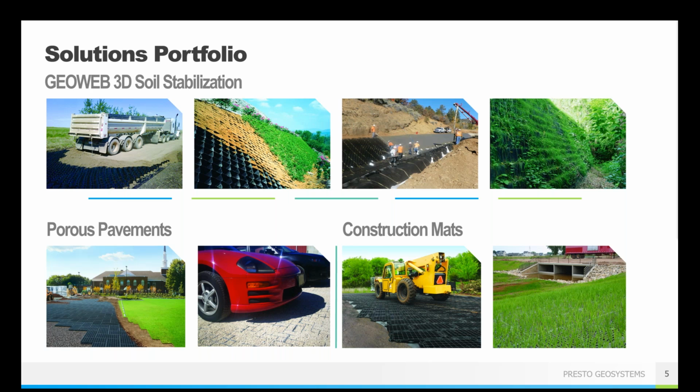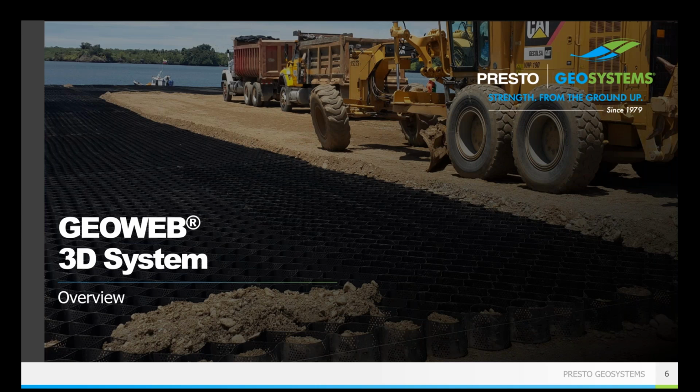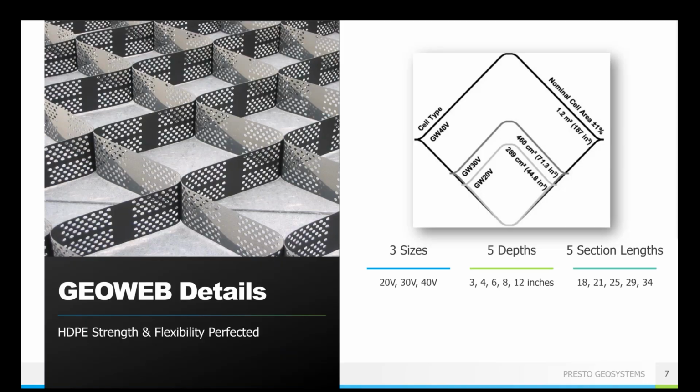So let's talk about some general information about GeoWeb GeoCells and what a GeoCell is, how it's used, that sort of thing. So the GeoWeb system is our version of the GeoCell technology, and it has 2 main characteristics. The first one being the cell or the container size.